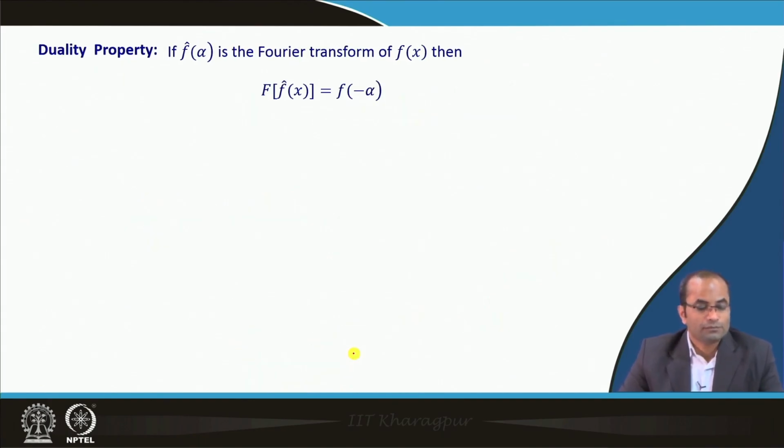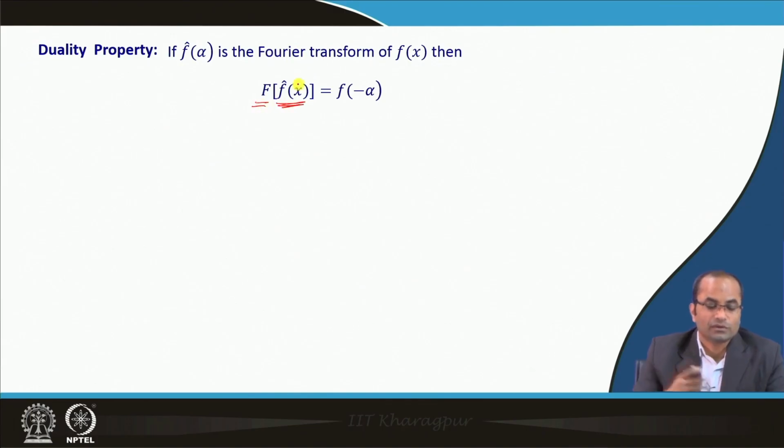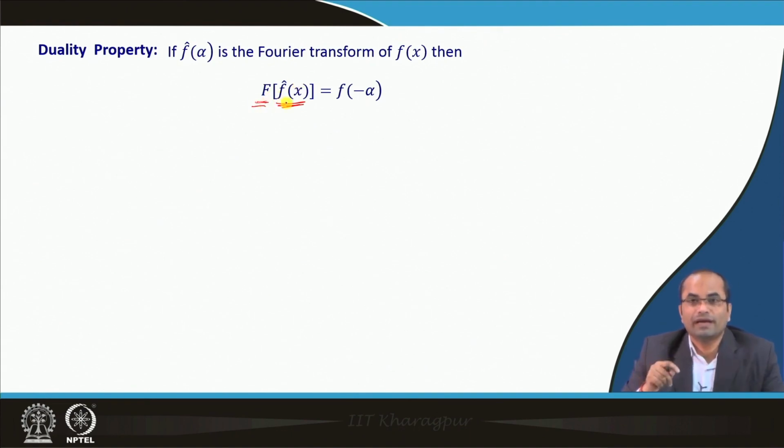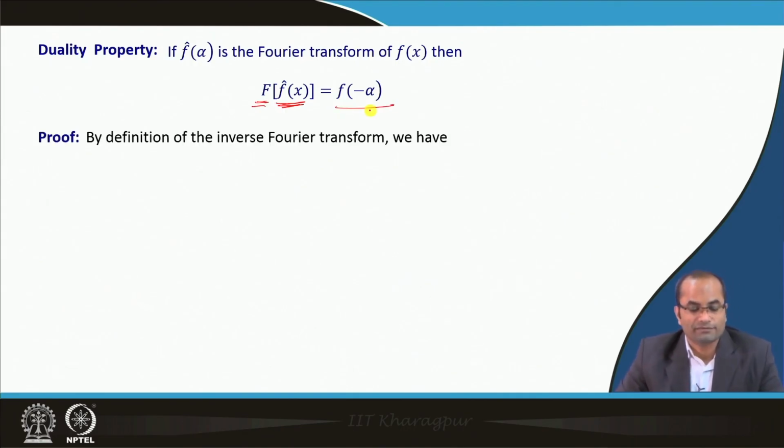There is one more property which is called the duality property, which says that if we take the Fourier transform of f hat, where f hat is the Fourier transform of f(x), then we will get back to f, but with this minus α.